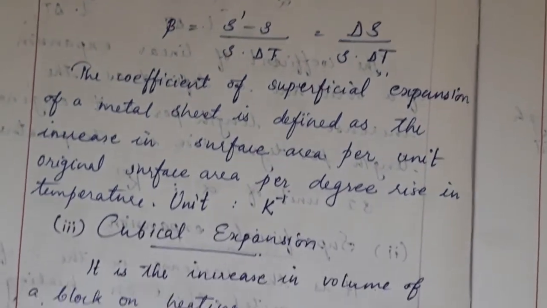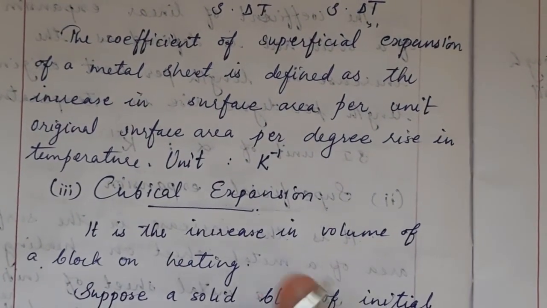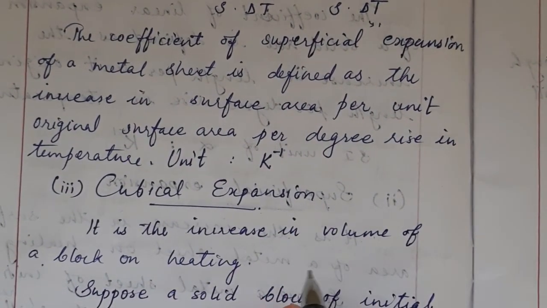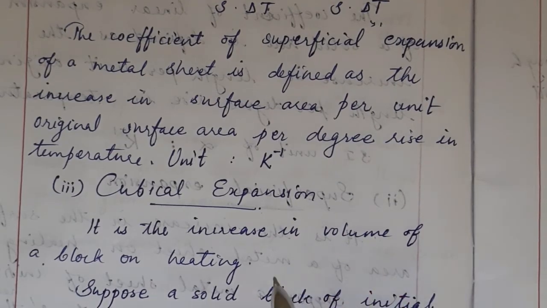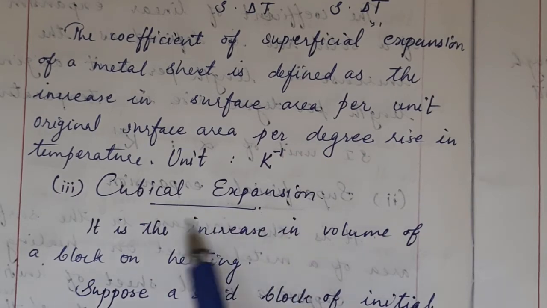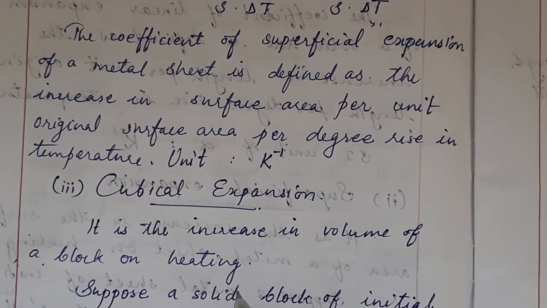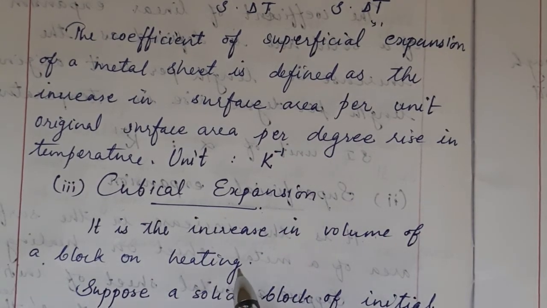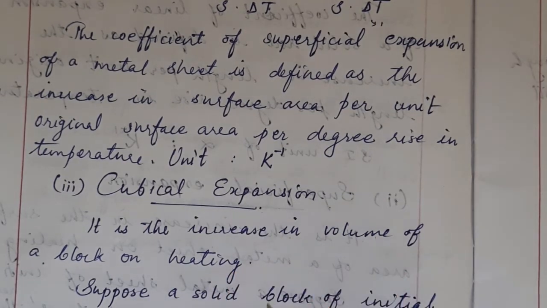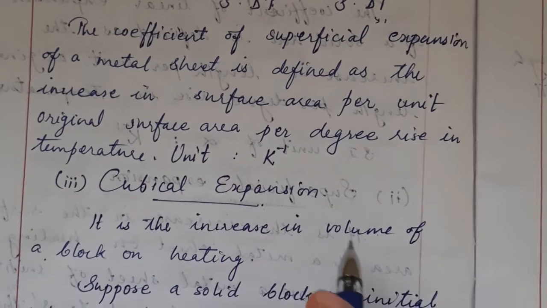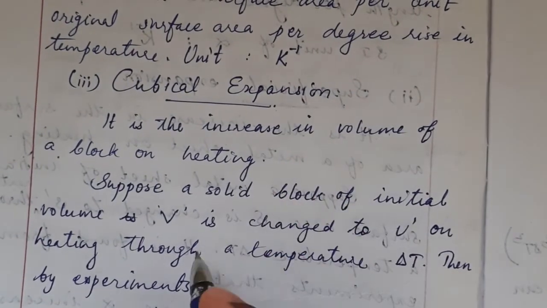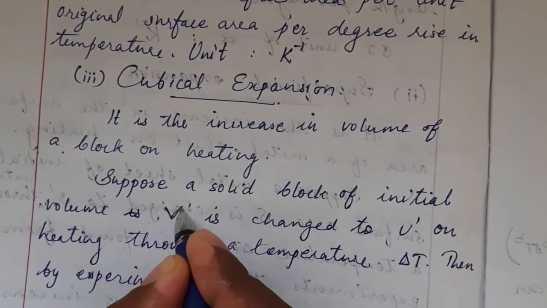And the last one here is cubical expansion, that is, as the name shows, the increase in the volume of a body. For example, a metal block you take, heat it, its volume increases. So increase in the volume of a body upon heating is called cubical expansion. So as usual what we do is we take a body of volume V as the volume is changing.